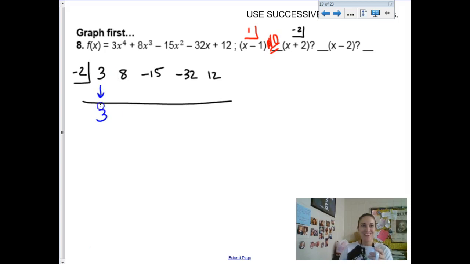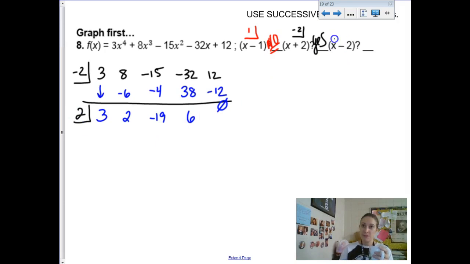Let's see. Multiply, add, multiply, add, multiply, add, and multiply. Look at that. Now, for the next one, since this was a yes, I don't have to make a new synthetic division problem. I can just successively divide the next one.